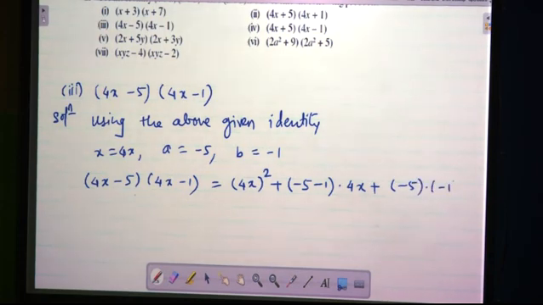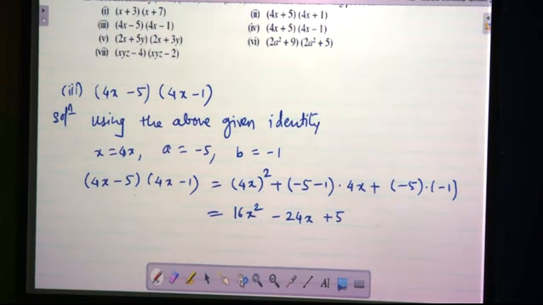Minus 5 into minus 1. 16x square, minus 5 minus 1 is minus 6, minus 6 into plus 4x becomes minus 24x, and minus 5 into minus 1 is plus 5. So, the answer is 16x square minus 24x plus 5.